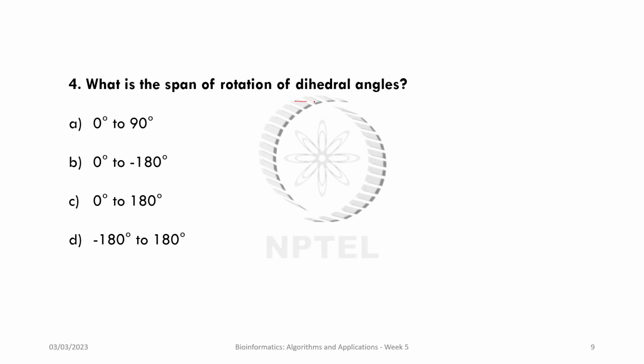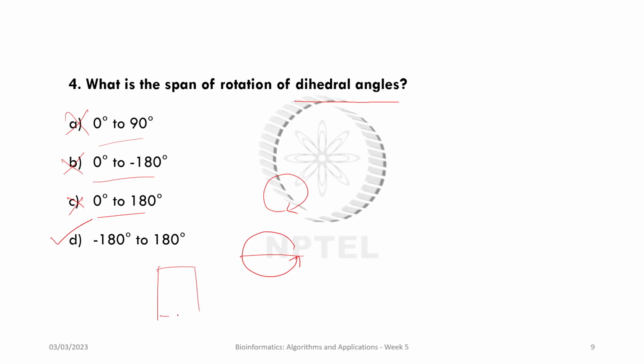So when you're talking about dihedral angles, we're looking into a 360-degree rotation, right? It can rotate about all the angles. Therefore, it has to cover 360 on the whole. Here you have just 90 and just 180, 180 in the other direction. But minus 180 to plus 180 covers the entire 360 degrees, right? And that's how your plots are also designed. So option B is the right answer.